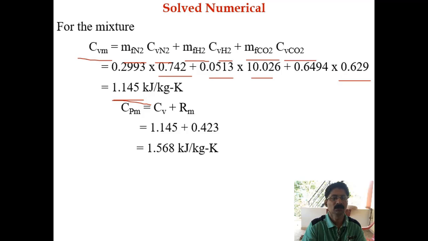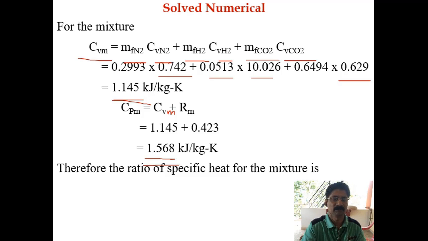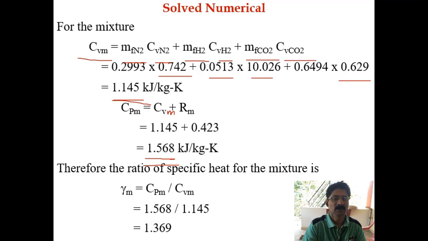Also, you know that the Cp of the mixture is nothing but Cv of the mixture plus R of the mixture, so you will get it as 1.568 kilojoules per kg per Kelvin. Now the ratio of the specific heats for the mixture, gamma M, is equal to Cpm by Cvm, so you will get it as 1.369.